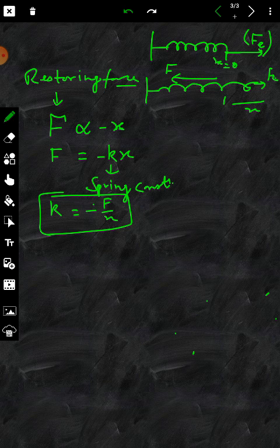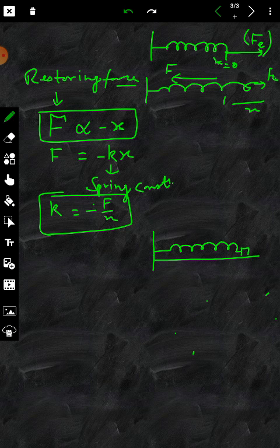Now, because the restoring force makes this object come back to its initial state, we make use of this relationship to understand what happens if we attach a mass to this spring on a frictionless table, just like this, and set this object into vibrations by displacing it with the help of some external force Fe.